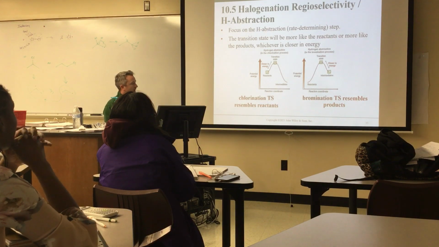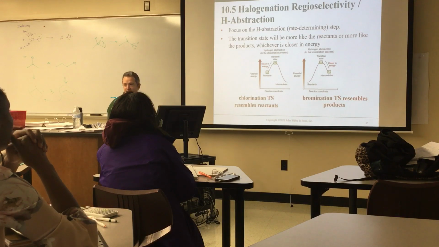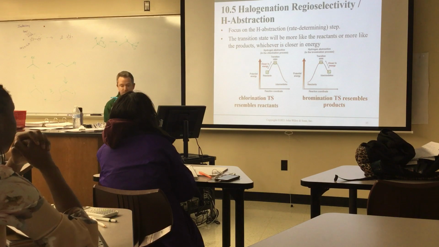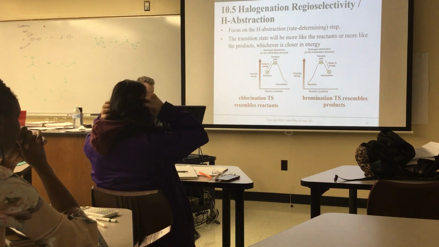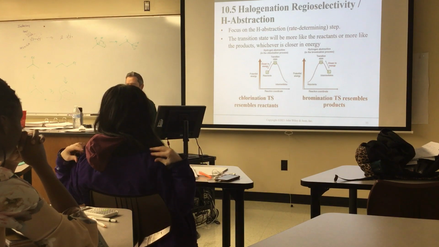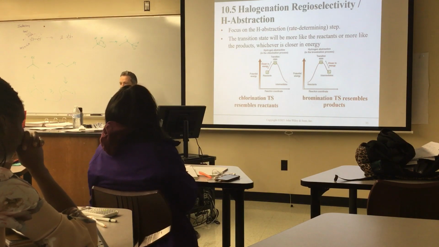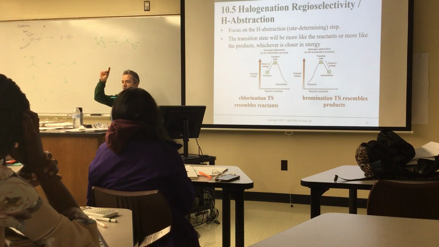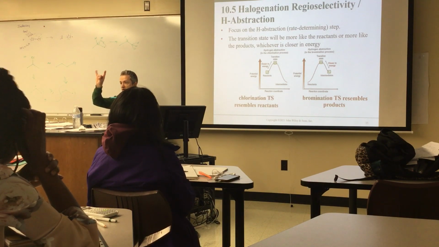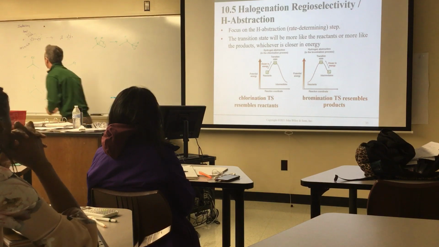And so, I probably will not be testing you on Hammond postulates right now, but maybe later in the semester, as time goes on. You've seen these already. I mean, you saw these with SN1 and SN2 reactions, right? Whereas SN1, you have two transition states, right?